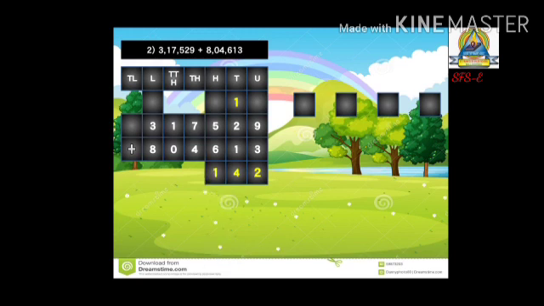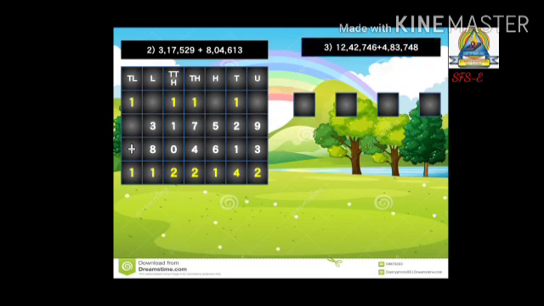So write down 1, carry over 1. 1 plus 7 plus 4 is 12. So write down here 2 and carry over 1. 1 plus 1, 2. 8 plus 3, 11. So write down 1, carry over 1. Now 10 lakhs place we don't have any other number except 1 which we have carried over. So that number will come down and your answer is 11 lakhs 22,142.